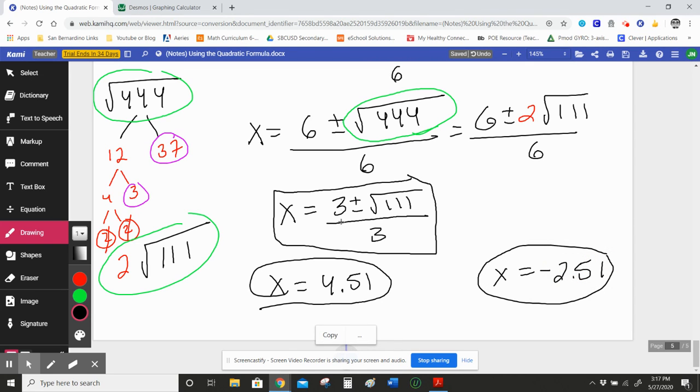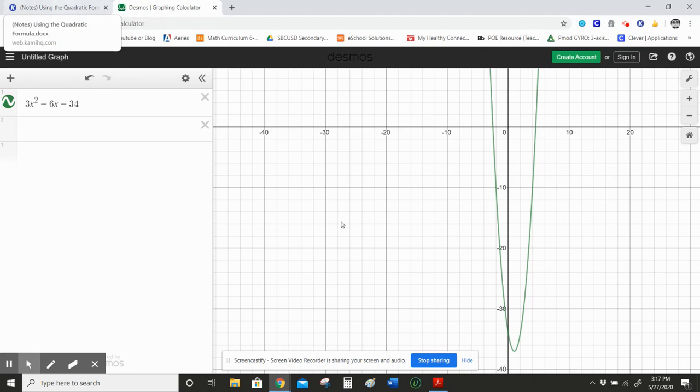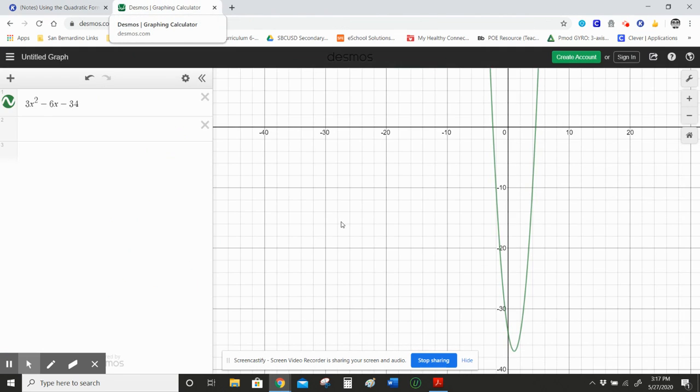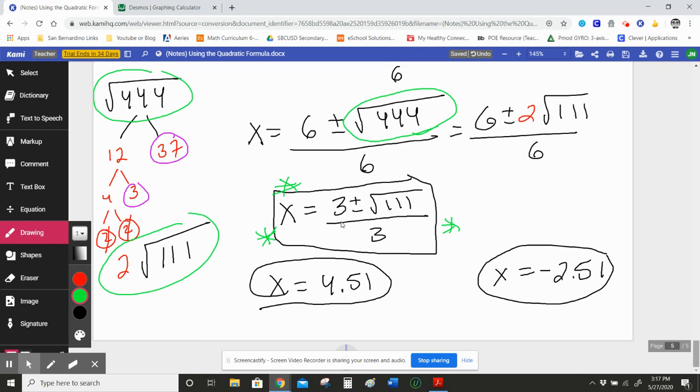In any math book, you probably will look at it like this as your solutions. But if you actually do the math and you get a decimal, it's 4.51 and negative 2.51. When I plug that into Desmos, if I want to graph it, I graph the part set equal to 0.